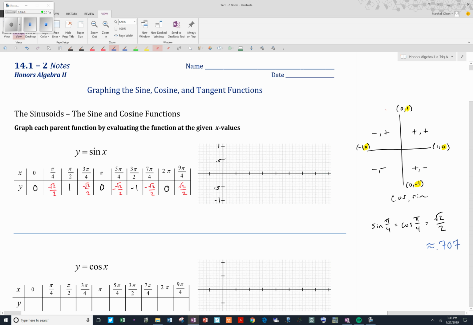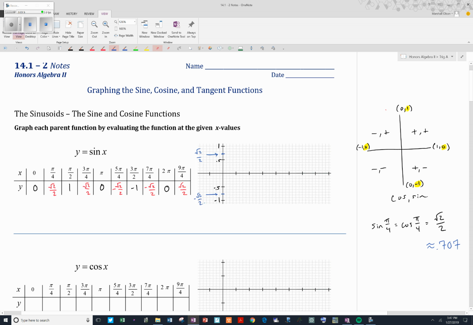So that's going to be right about here on our y-axis. And then negative square root of 2 over 2, I'm just kind of guessing where this is here, is about right there. It might be a little low.